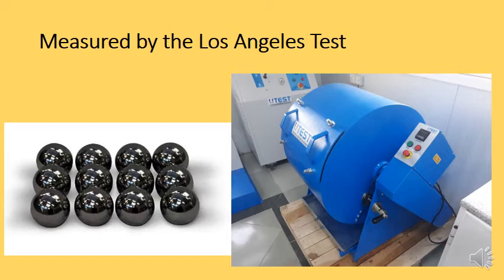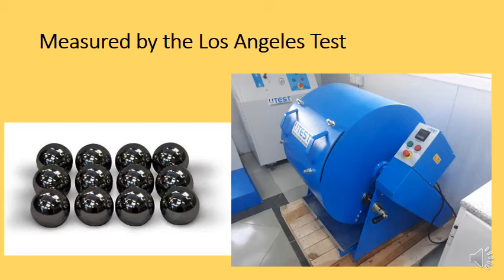Now, the Los Angeles test is where we take a sample of the aggregate and we weigh it, and we ensure that all of the particles are bigger than, let's say, 5 millimeters in diameter. Let's say, just for example, there's different tests you can do.